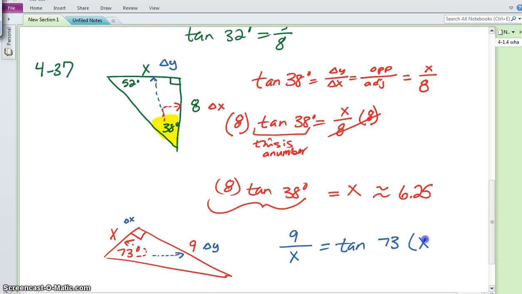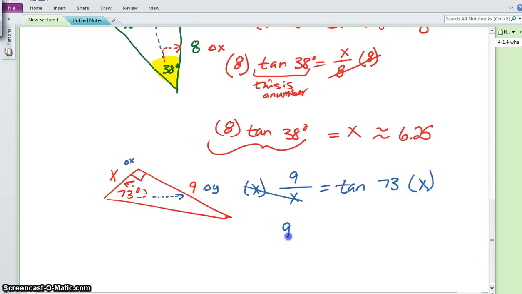So here's a case where I have to multiply by a variable, which results in 9 equals tangent of 73 multiplied by X. And now this tangent of 73 is a number that my calculator recognizes, and I can divide both sides by this value.